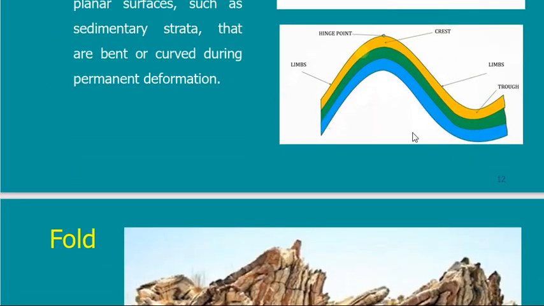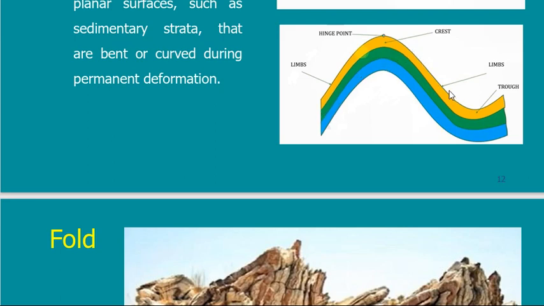To define a fold, we have to know the parts of this fold. We have something called the limb. The limb is the hand of this fold. If this is an upward fold or this is a downward fold, take this upward fold, this is a limb and this is another limb.